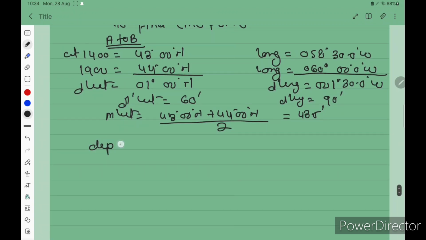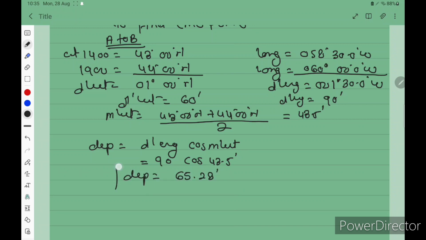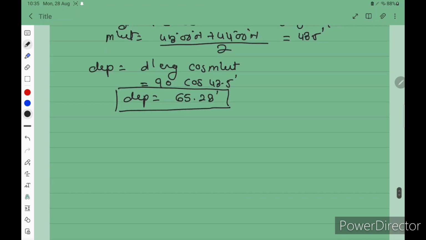We know the formula: departure is equal to D long cos M latitude. So put the value, 90 minutes cos 43.5, and we get the departure 65.28.